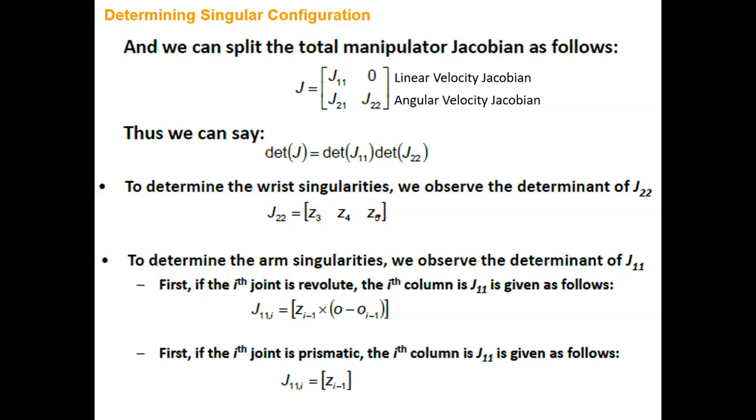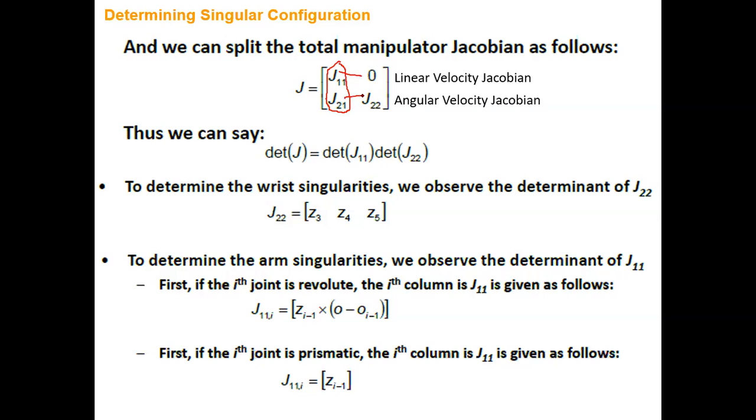Okay, so for the arm we have to find JP, meaning we have J11 and J21. That's my JP. What is the linear part of JP? J11. What is the angular part of JP? J21. I need to figure out J11 and J21.